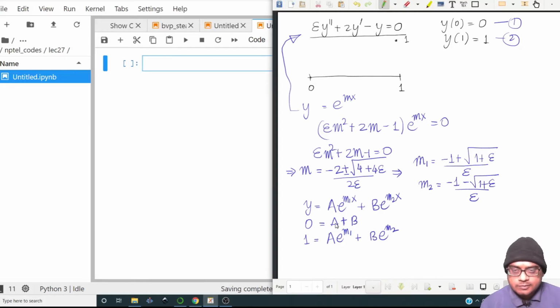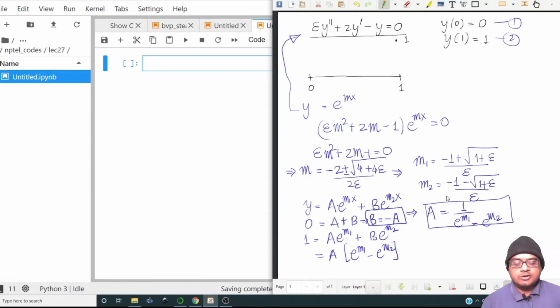So now because b is equal to minus a, this becomes a times e to the power m1 minus e to the power m2, and this implies that a is 1 over e to the power m1 minus e to the power m2, while b is equal to minus a.